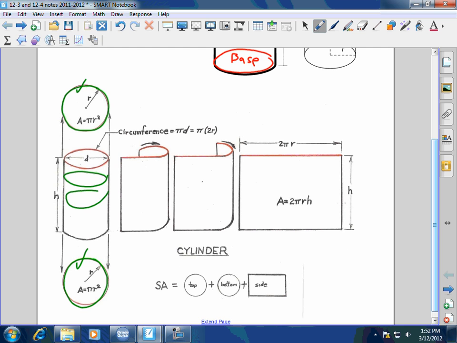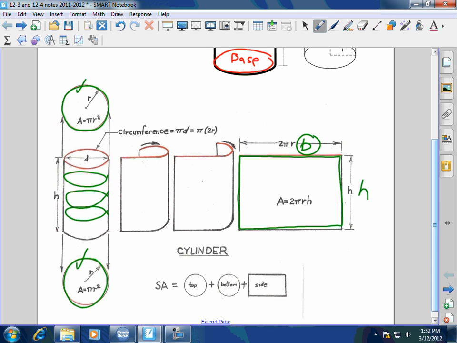Now, the actual lateral area, this part of it, if you unfold that, you make it a flat rectangle. Now, the area of a rectangle is, of course, base times height. Well, in this particular case, what would your base be?